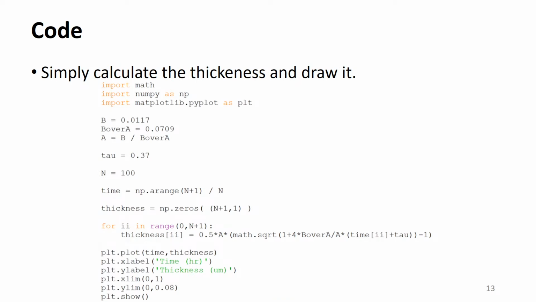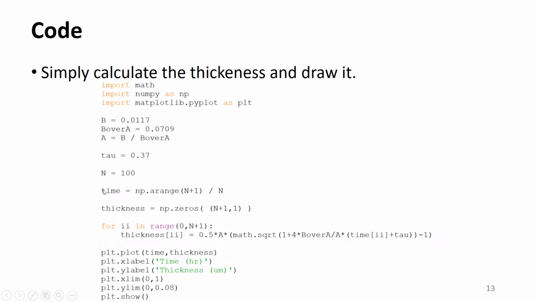Then using Python, you can simply calculate the thickness as a function of time, and also draw the thickness as a function of time. It is quite simple. First, import some necessary libraries and define the B and B over A parameters and tau. They are given from our example.